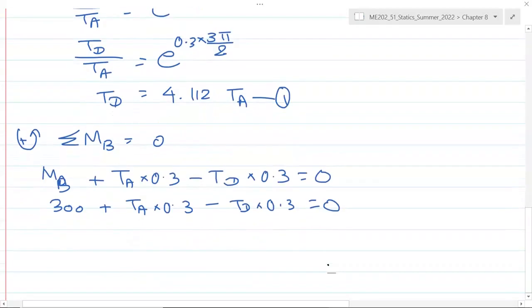Now we can substitute TD in terms of TA into this equation. Instead of TD, we can write 4.112 TA. So everything is in TA.